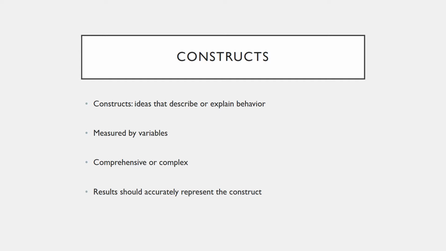These kinds of things are very narrow and specific. So it can be one or the other. And that just would change the number of variables that would be involved in the way that we would measure a certain construct. And so the results that we get from any kind of assessment should accurately represent that construct, which is what makes it a valid instrument.